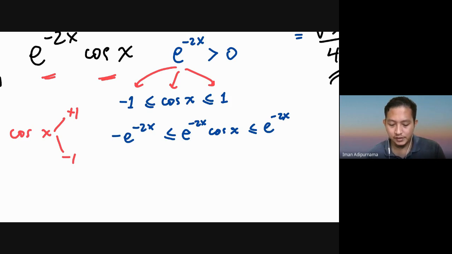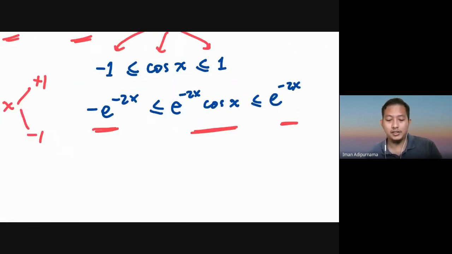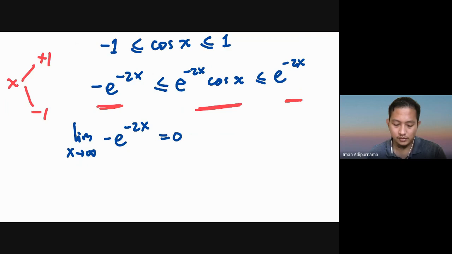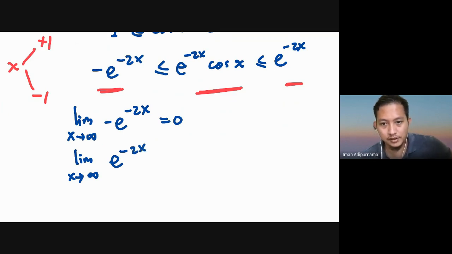Now we have three functions, at least, right? And we can use the squeeze theorem to find the middle function. Because we know that this limit, we write down here, limit as x approaching infinity of this is 0, right? And also limit as x approaching infinity of e, this is also 0.